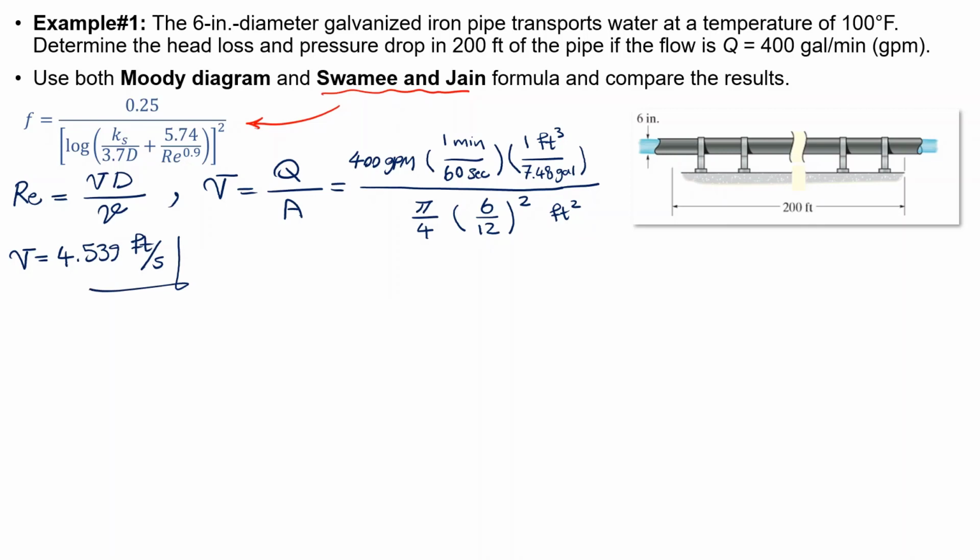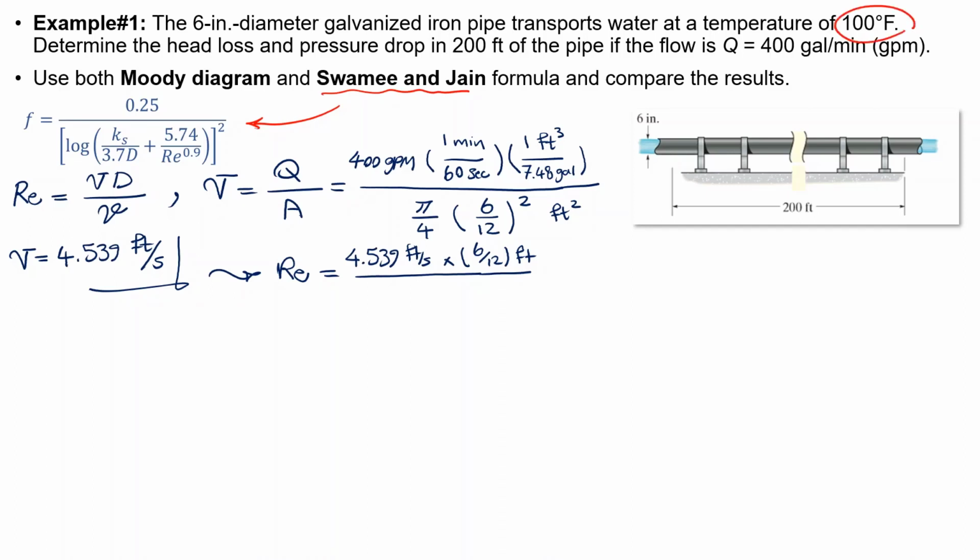Now we need to calculate Reynolds number based on the value of velocity. So Reynolds number is equal to 4.539 feet per second times the diameter, which is 6/12, divided by the viscosity of our water at this temperature.